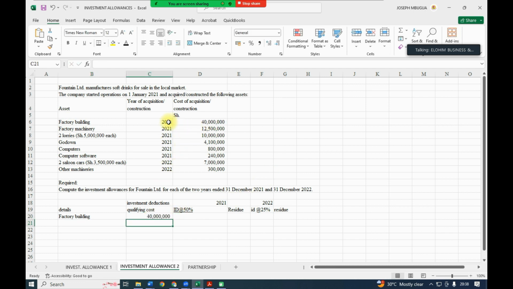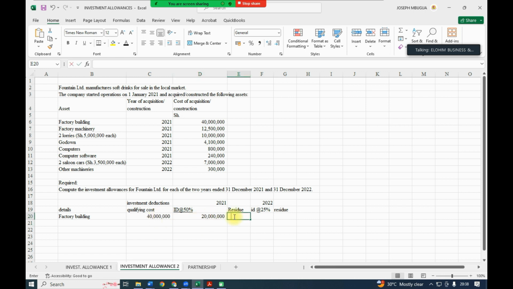Remember, we acquired it in 2021, meaning the first year we shall take this value, 40, multiplied by 50%, meaning the first year we shall have 20.